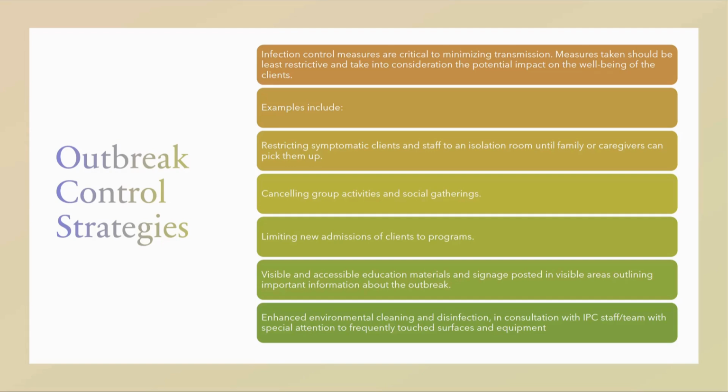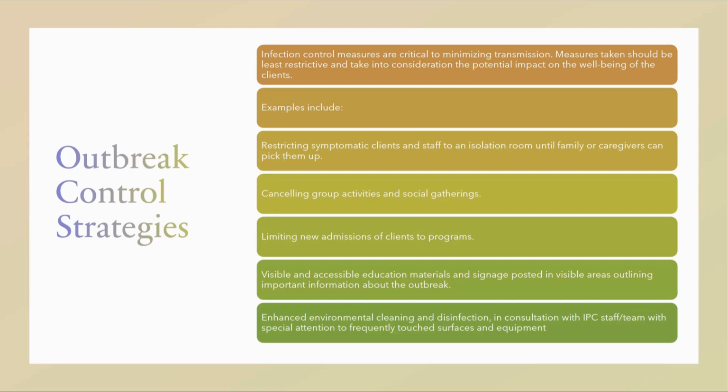That is a conversation that you would have with the outbreak response team as well. Understanding that these control measures that we're implementing are very important and a requirement, a must or heavily recommended, we're still trying to maintain the well-being of those we provide healthcare services to as well. So examples of control measures are restricting symptomatic clients and staff to an isolation room until family or caregivers can pick them up. So we have a client who's all of a sudden coughing, sneezing, and has a fever, and we're like, something's going on.